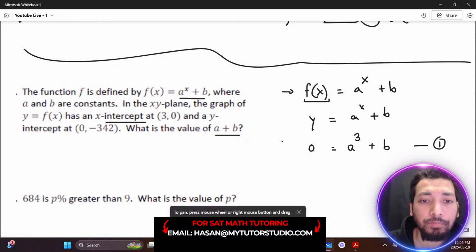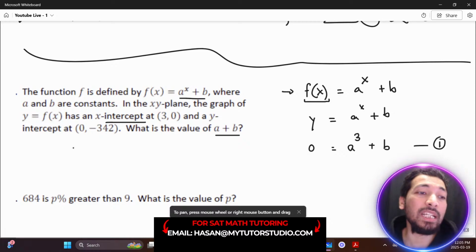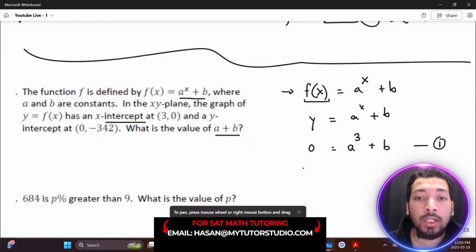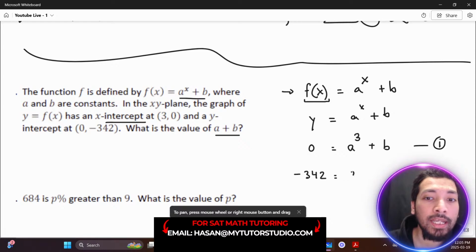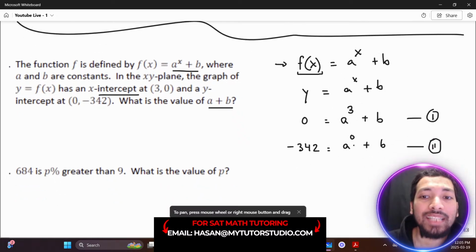And my second equation can be formed using the y-intercept, which is at 0, comma negative 342. So I can write this as negative 342 is equal to a to the power of 0 plus b. This is my second equation. Now, from this second equation, I can find the value of b.